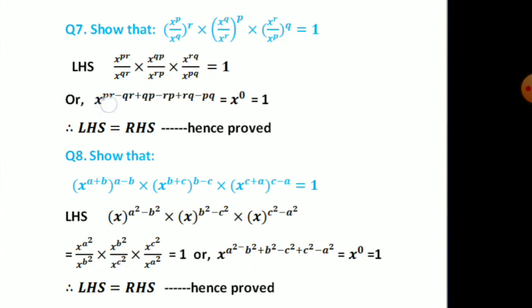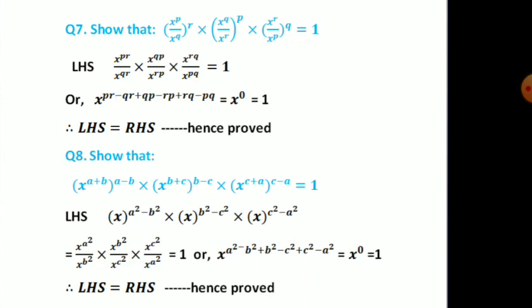So here, taking the base x as common, we can write x to the power pr, and since qr is in division, so we'll write minus qr. There is a multiplication sign, so we'll write plus qp minus rp plus rq minus pq.